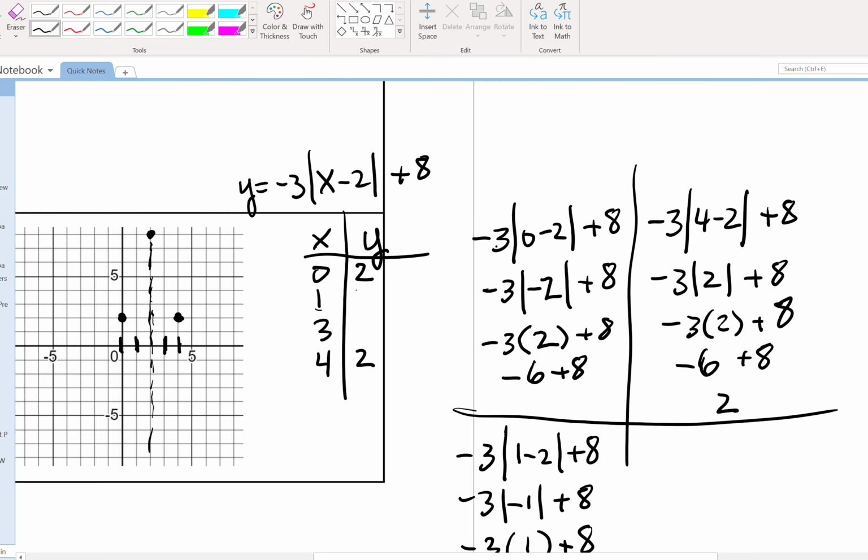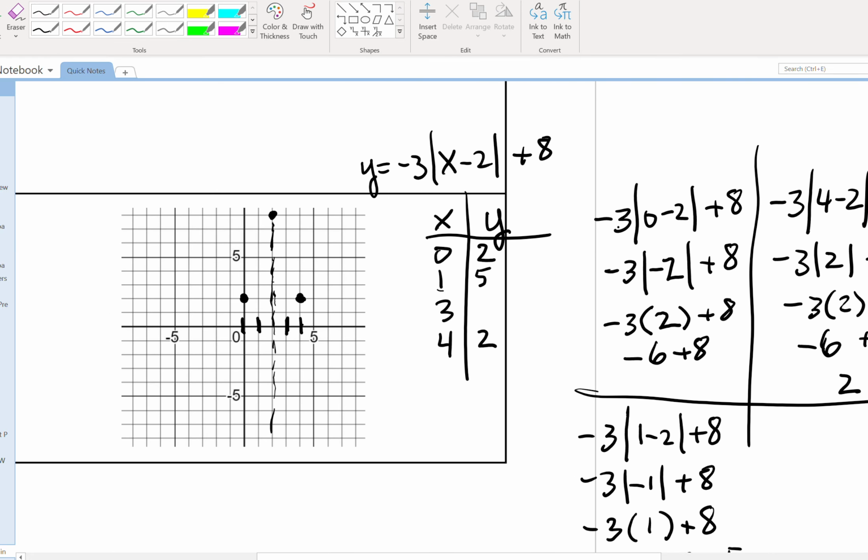So at 1, we're at 5, and that's right up here. And then again, because we know of the symmetry, we can just plot that point right across from that axis of symmetry, the same distance across. There's 1 unit, there's 1 unit. So that's the way that looks.